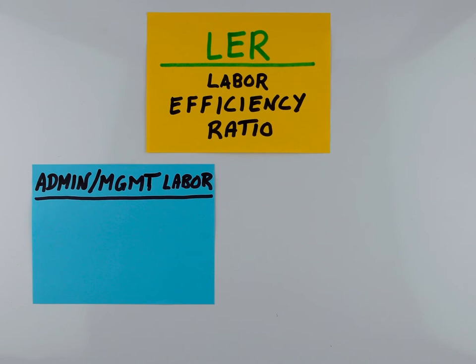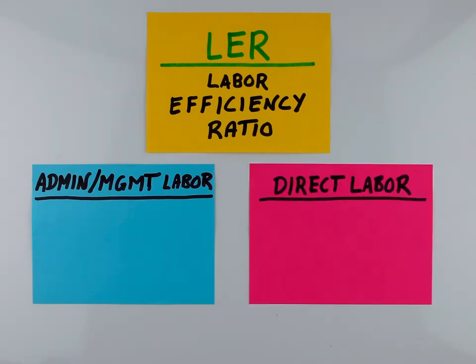This is your management labor team. And they're also responsible for overseeing the second half, which is the direct labor team. So your direct labor team are all employees that are responsible for creating the product or service that you're selling to your customers. These are the people that are responsible for creating the value in your product or service.